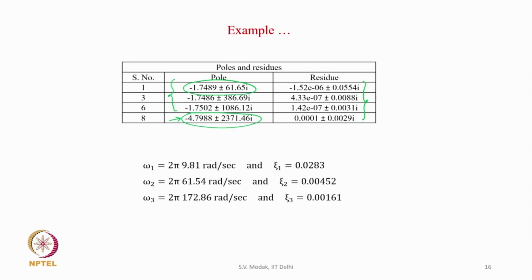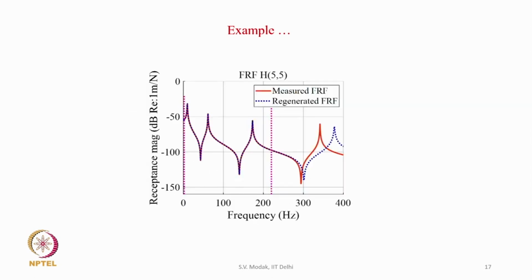That would give us a good indication of the quality of fit using the RFP. So, this is the overlay. You can see here the red curve is the measured FRF, H_M, and this blue curve is the regenerated FRF.